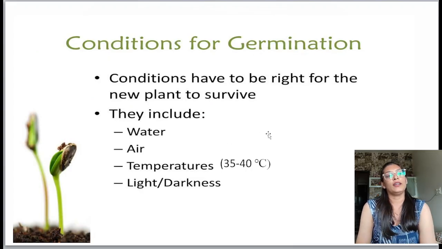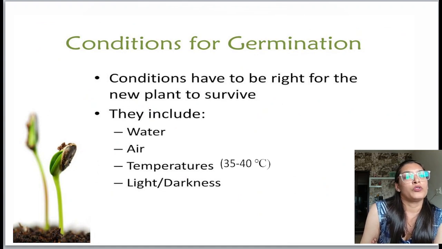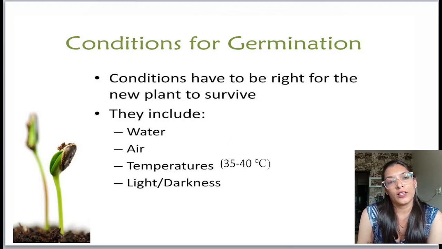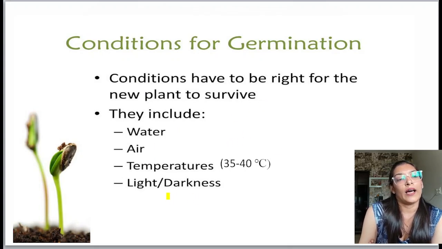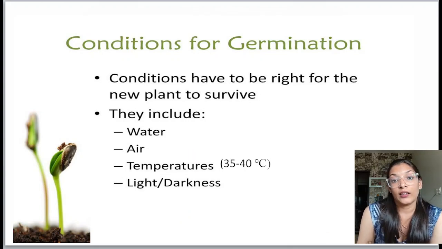So the last topic of the day is conditions for germination. Now, in order for a plant to germinate, the conditions should be optimum. Optimum means that the temperature, air, light and water, all these are requirements for germination of a plant, and none of the requirements should be above a prescribed or normal optimum.